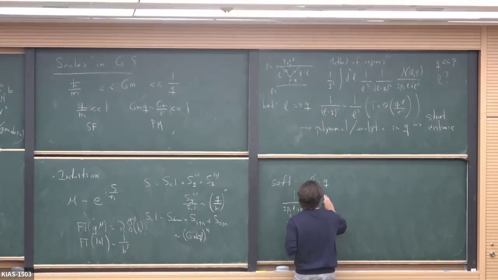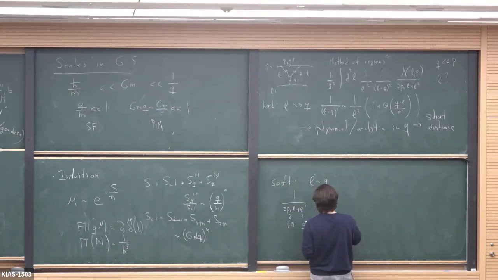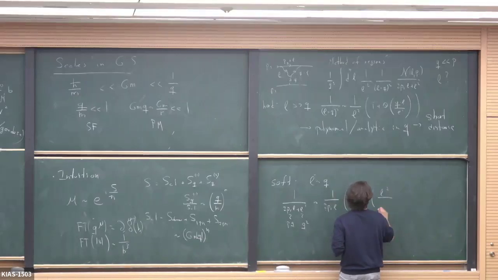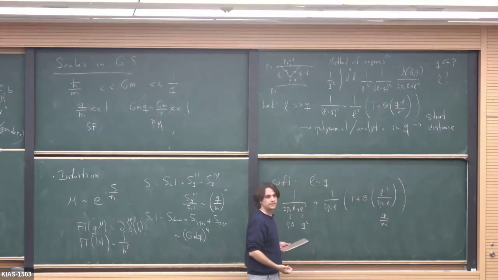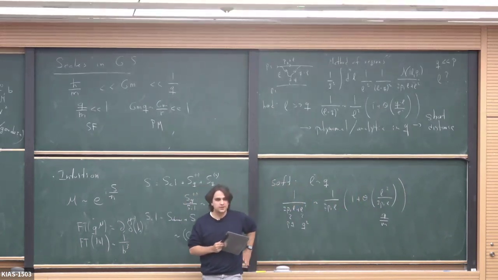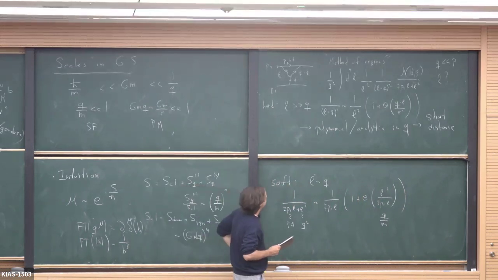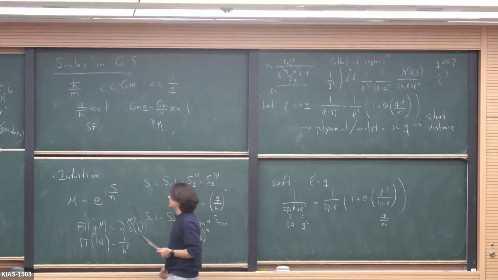So this will go like 1 over 2 P2 dot L. And then 1 plus a correction of order L squared over P dot L, which indeed is Q over M. Okay, so that starts to look right. So now we do have an integral that we can compute at the leading order in this expansion, and we can see which kind of correction this is going to give us. So let's do it.